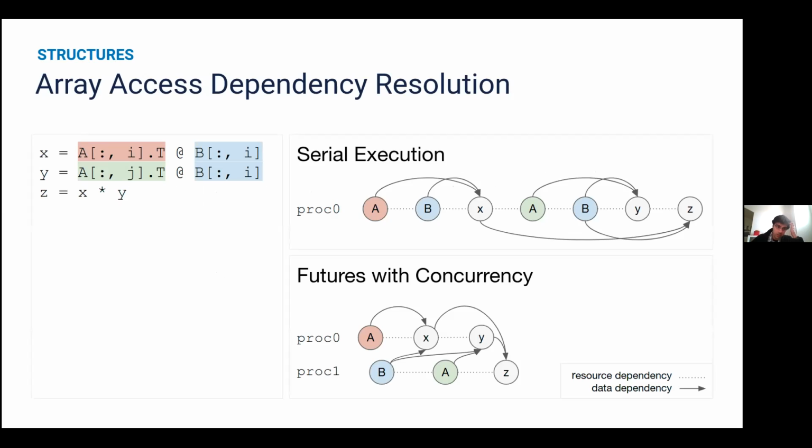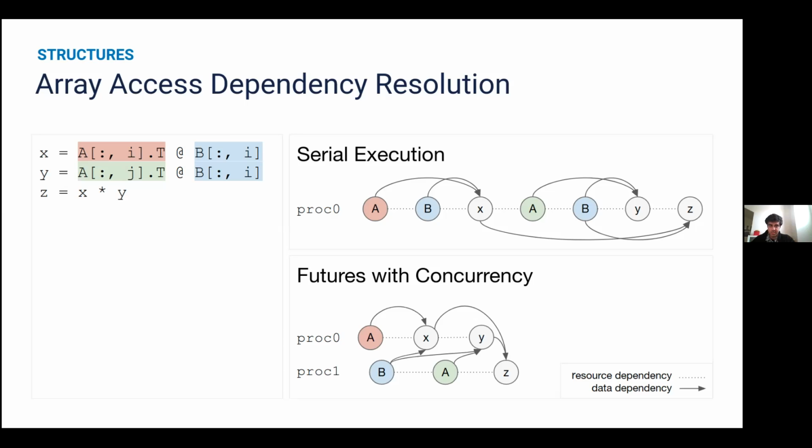So how does a system like NumS achieve parallelism? There are two things that happen here. Anytime you access elements of an array, a new block array is generated. Here, all these highlighted array accesses generate new block arrays. When those block arrays are operated on, the low-level blocks perform the actual operations, and those operations are submitted to Ray.